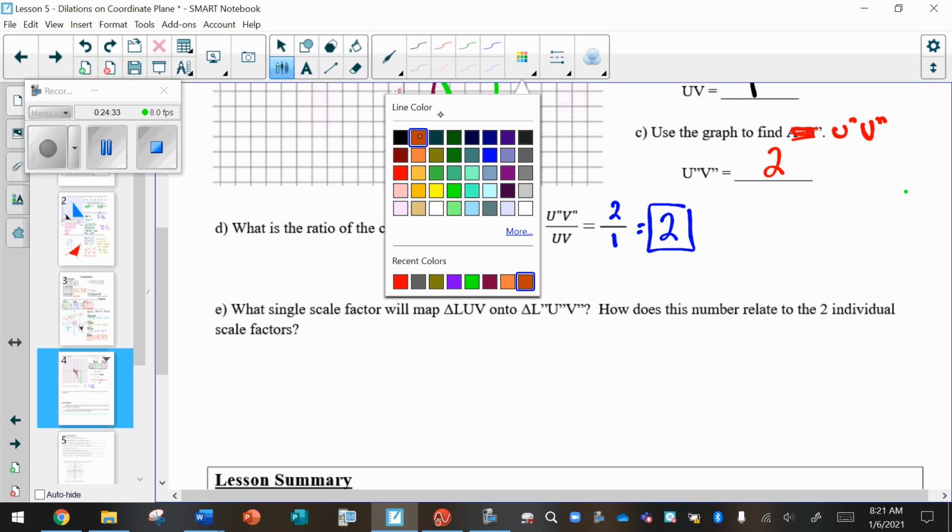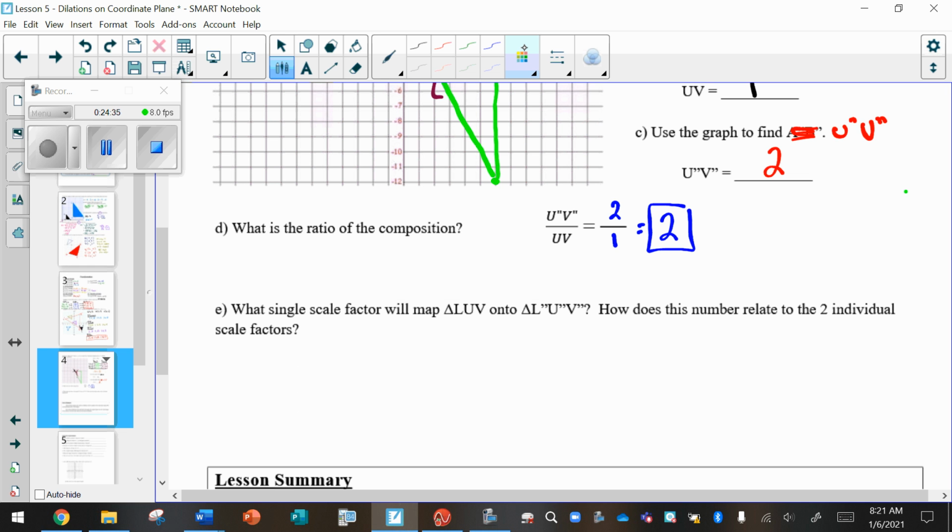Well, the 2 different scale factors we used in our calculation were negative 6 and positive 1/3. So how does our single scale factor relate to the 2 individual scale factors that were used? Well, if you take the scale factor of negative 6 and the scale factor of 1/3, and multiply them together, you get the overall change for your final image.